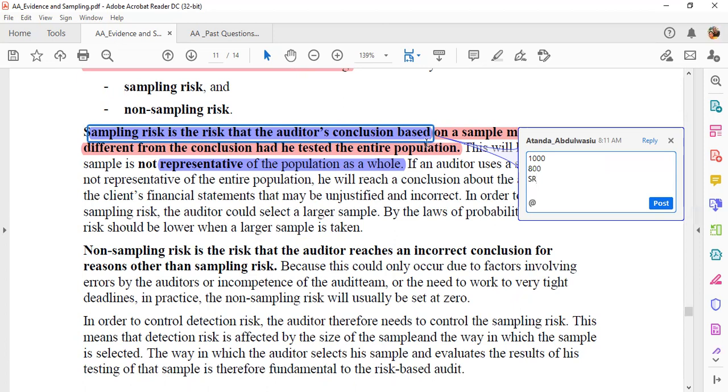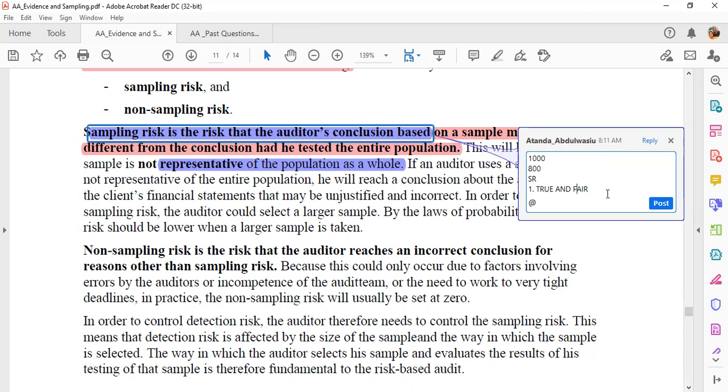So this sampling risk can lead to two types of conclusion by the auditor. One, the auditor can conclude that the financial statement shows a true and fair view, mind you, when it does not show a true and fair view.